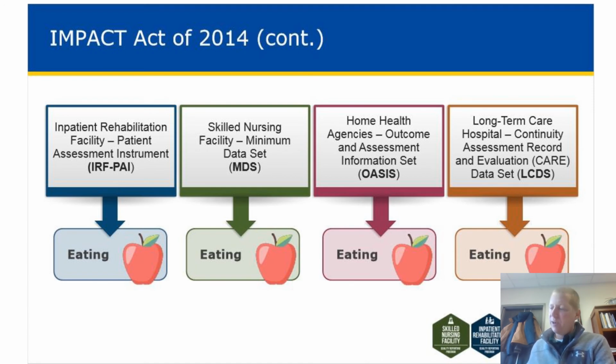Here you see the different types of assessment measures that were used per site for that standardization. Inpatient rehabilitation facilities have used what was called a patient assessment instrument. These types of assessments are all compiled with various disciplines in mind. You might have a nurse that does some type of assessment and records her data in this facility assessment.